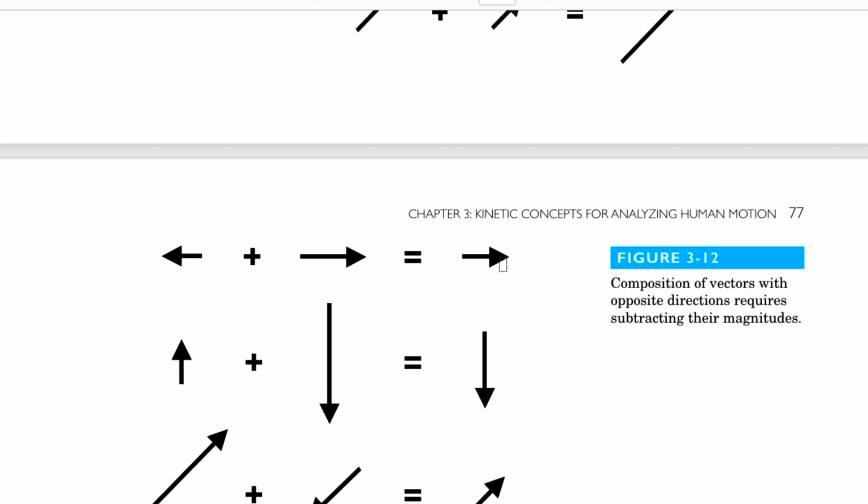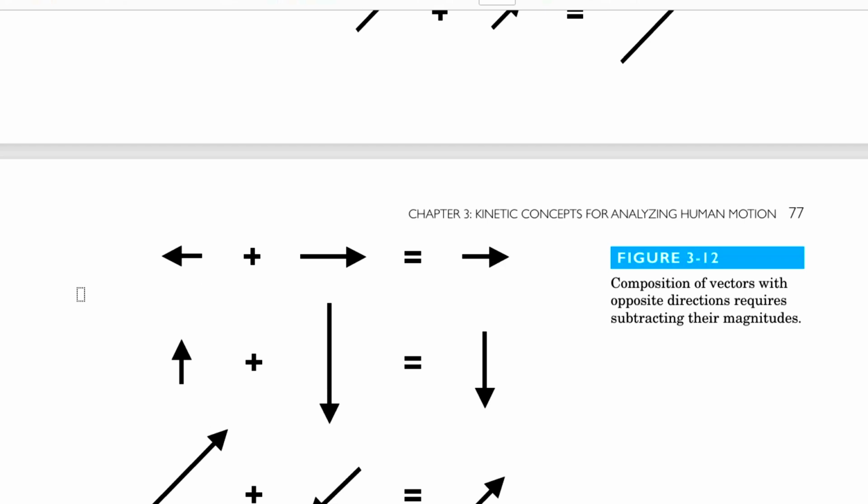Because the bigger arrow puts more force on that object, the object is going towards that direction. Okay, simple as that. So the direction we get after subtracting both magnitudes basically shows the end result, the end direction.